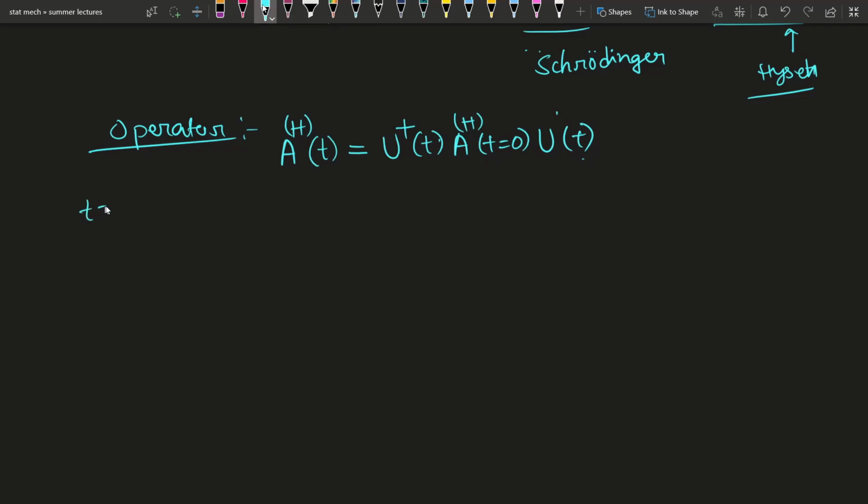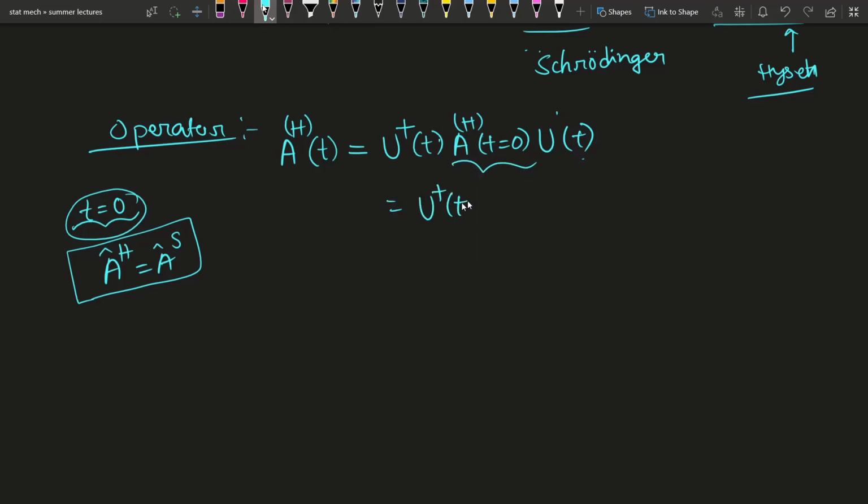But at t equals 0, you can easily understand that both A_H and A_S, meaning the operator in the Schrodinger picture, will just be equal, right, they coincide. So I can write this as U dagger(t), then A_S, and then U(t).